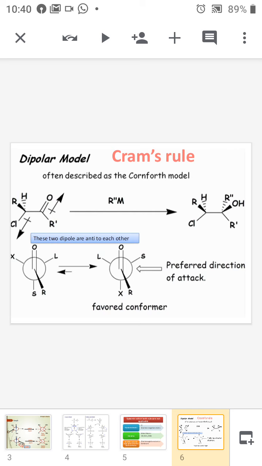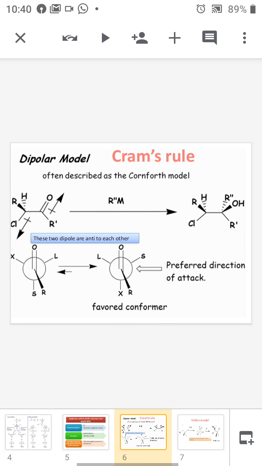So there is a dipole moment, and we know that the dipole moment is a vector quantity, and this is the direction. The chlorine atom is also electronegative, so another dipole moment can be shown as a vector. In this molecule, the directions of the dipole moments are opposite, so there is no net dipole moment, and the electronegative atoms are anti to each other.